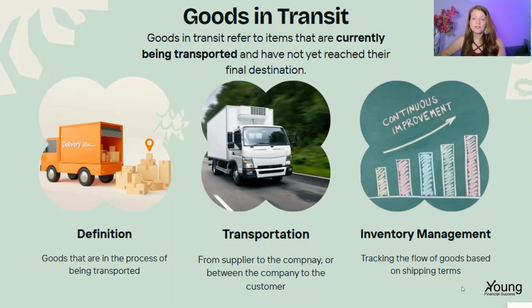But goods in transit, they're in the process of being transported, either from the supplier to the company, or from the company to the customer. And then when it comes to tracking, they have to figure out what flows best, and it's all based on the shipping terms.